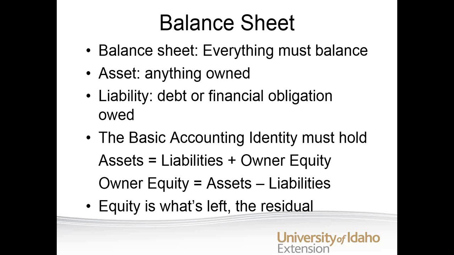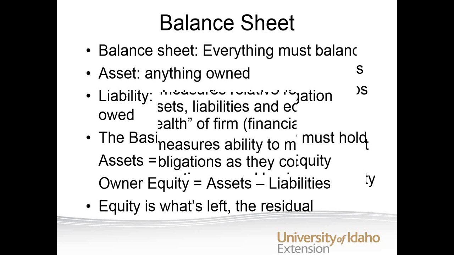The balance sheet is a statement of the classic basic accounting equation: assets equals liabilities plus owner equity. So you just rearrange that, and the owner equity is what's left after you pay off your liabilities against the assets.